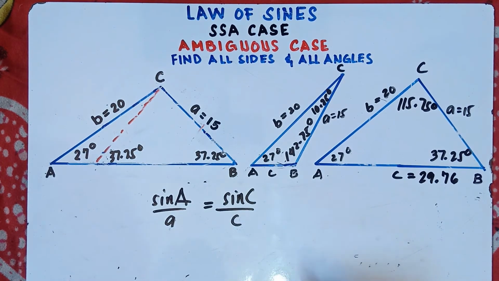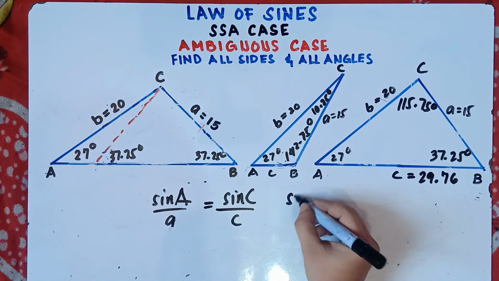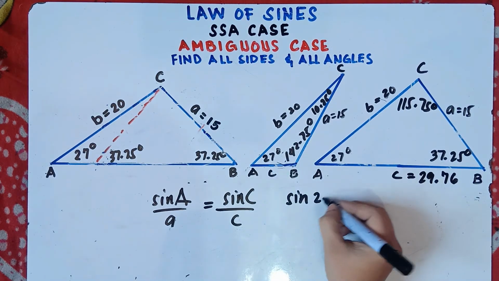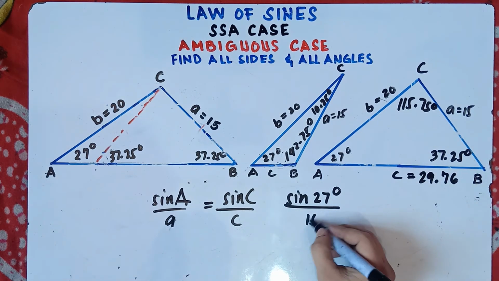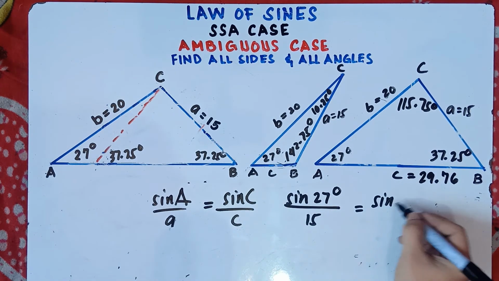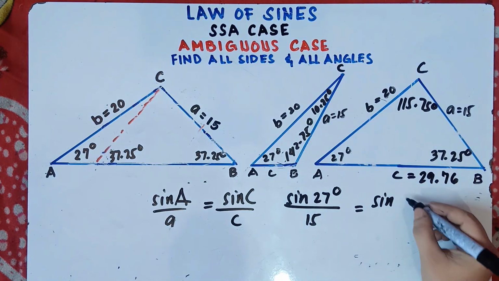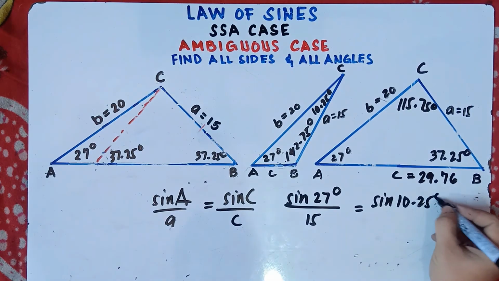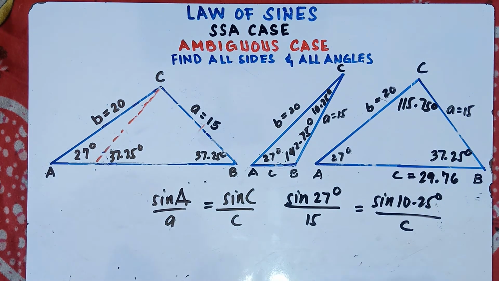Let's find the side. So sine of angle A, which is 27 degrees, over our small a, which is 15, equals sine of angle C, that is 10.25 degrees, over C, which we don't have the value of. Then cross multiply, class.